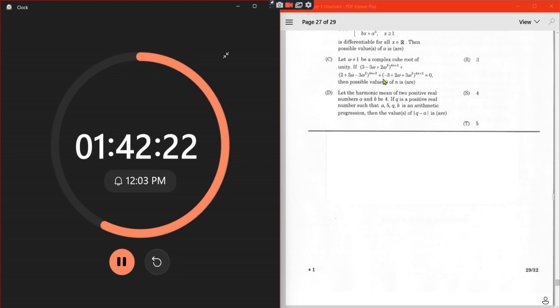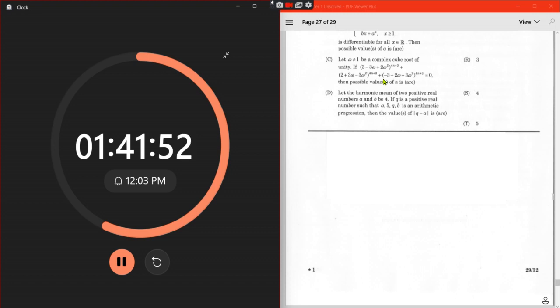When N is a multiple of 3, this becomes complicated because then it just becomes 1 plus 1 plus 1, which is 3. So this is equal to 0 only if n is not a multiple of 3. Small n, of course, or 4n plus 3 is not a multiple of 3, which means 4n should not be a multiple of 3, or n is not a multiple of 3.